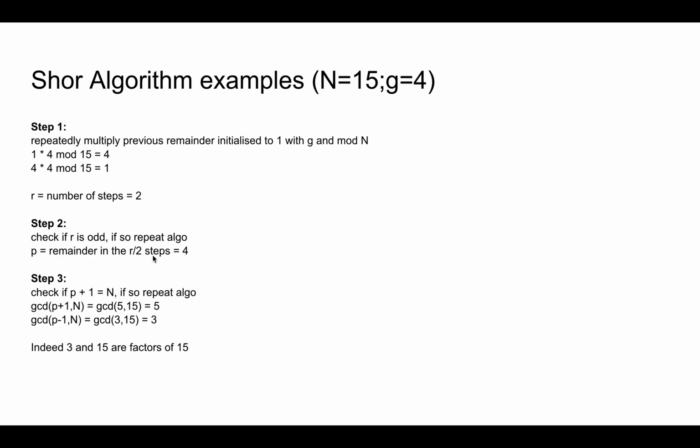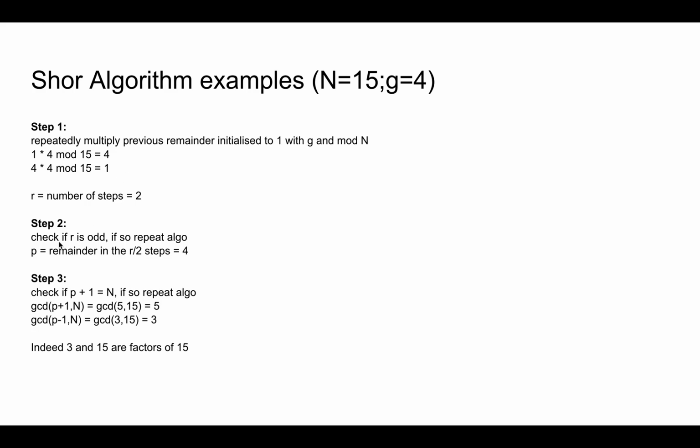So if r is odd, we basically need to guess another number. Let's say we guess a number x that is wrong, and then we can take another guess again, to keep on repeating until we get an even number of steps.